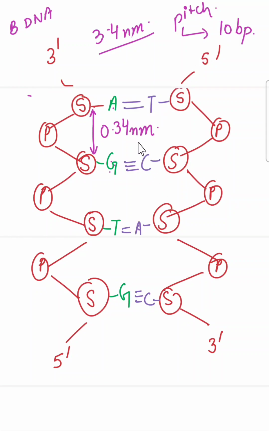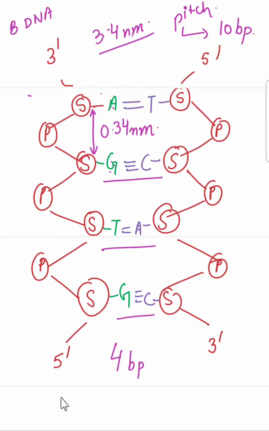See, what are base pairs? Pair means join. One pair means two. So how many pairs are there here? 1, 2, 3 and 4. We are drawing 4 base pairs right now.